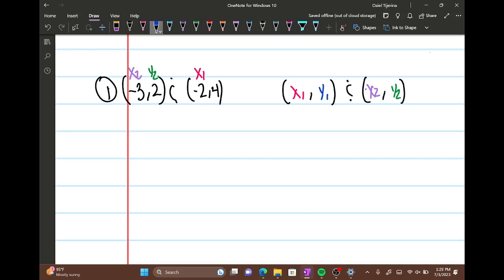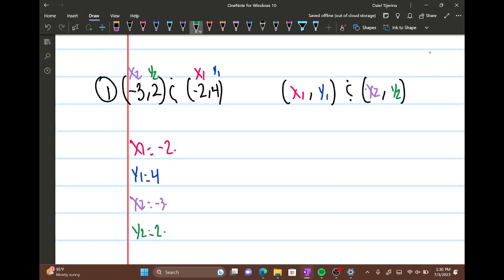So I always like to list out my x1, y1, and x2, y2. So x1 is going to be -2, and y1 is 4, and then x2 is going to be equal to -3, and y2 is going to be equal to 2.